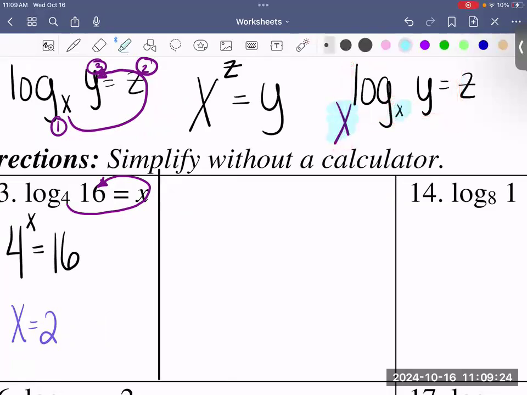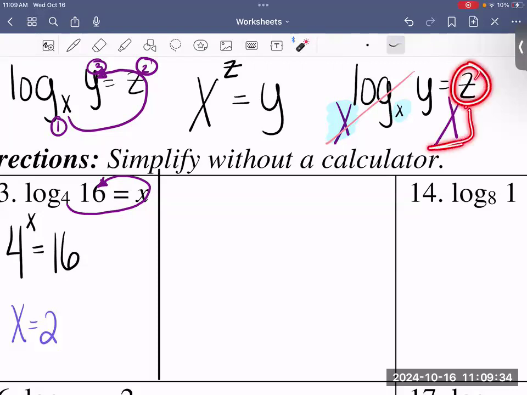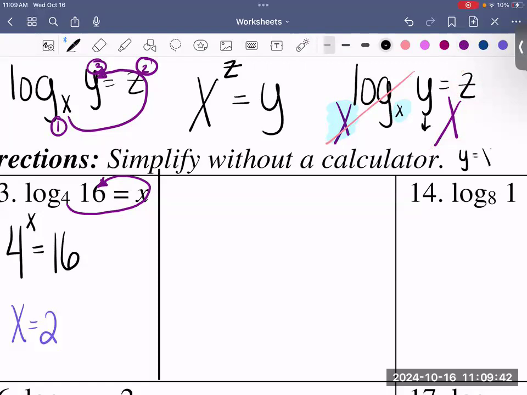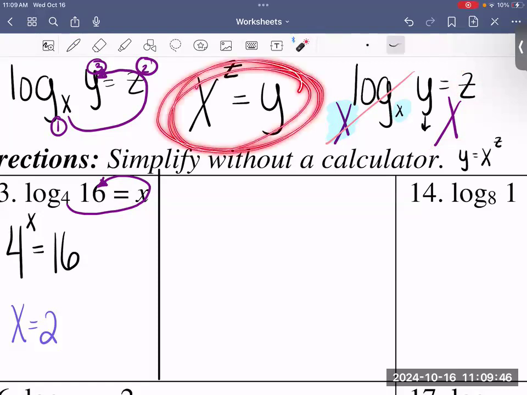Because they are equal bases, they allow us to cancel. But what you do to one side, you do have to do to the other. So you also have to raise this z to have a base of x. So now once your bases match, they'll have y is equal to x raised to the z power, which is the exact same that we have over here.